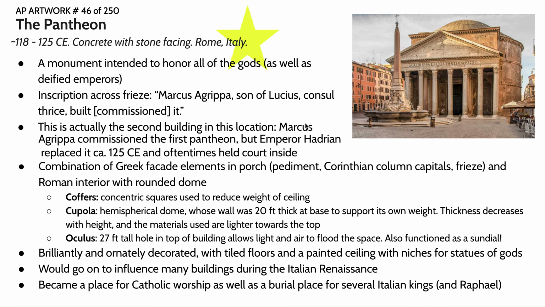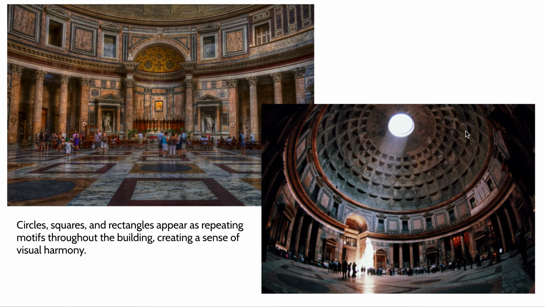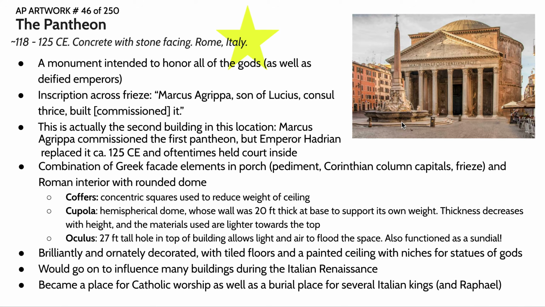All right, so one of the things that you'll notice about this dome is that it has a hole in the top. So this is called the oculus. Oculus is Latin for eye. And this oculus was intended to serve several functions. One, it was to let light inside of the building.